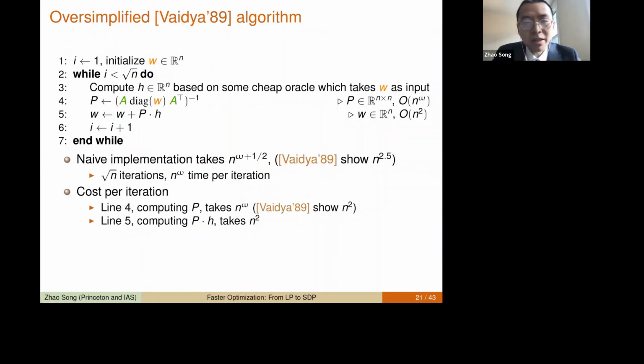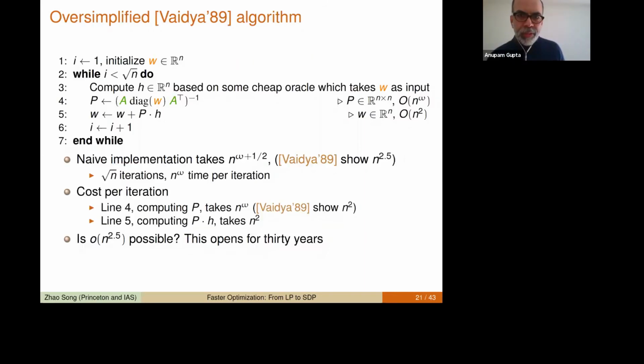If you want to get n to omega time, you do need to remove all these 3 bottlenecks. Therefore, whether you can get below n to 2.5 time was open for almost 30 years. And in joint work with Cohen and Lee, we actually get n to omega time. In today's talk, I will first describe previous ideas, then I will show you how to improve it.